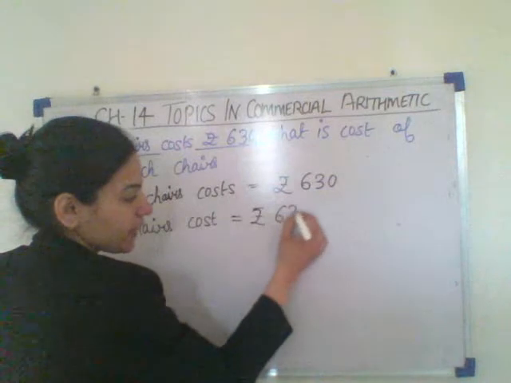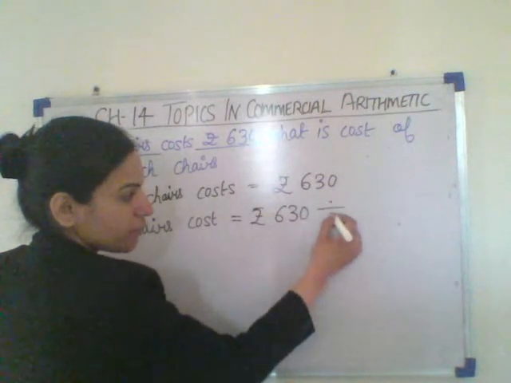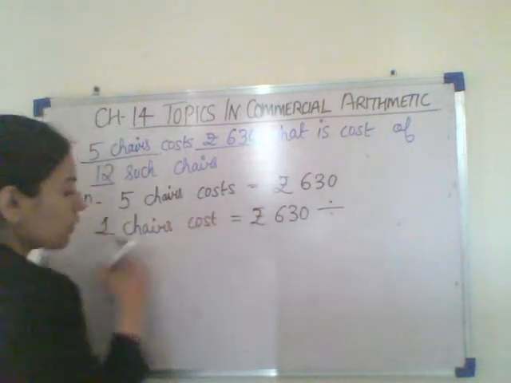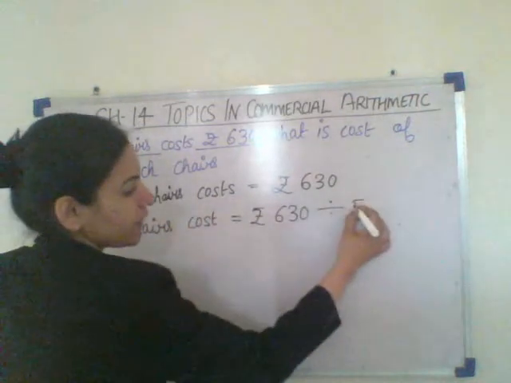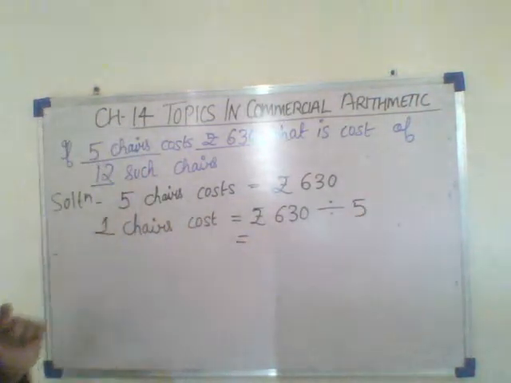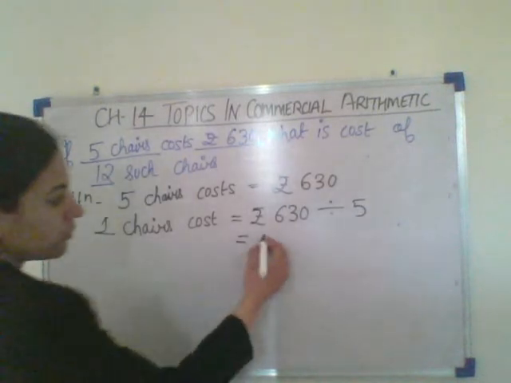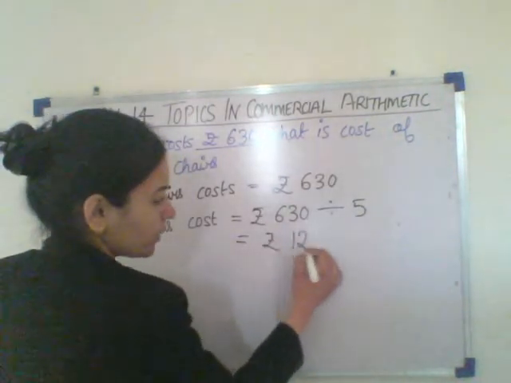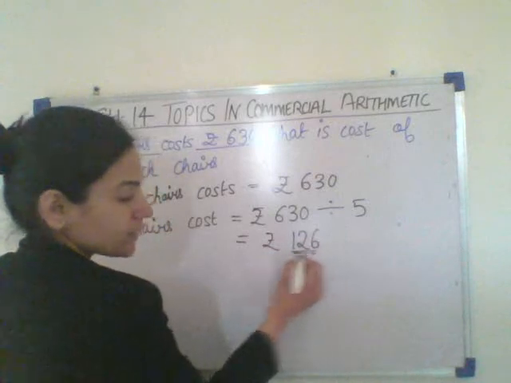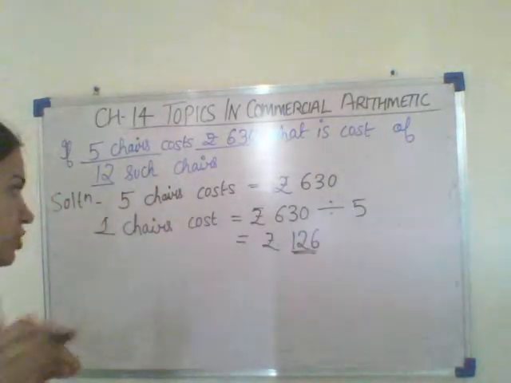I will be dividing. Why will I be dividing? Because I have to find only the cost of 1 chair. I will be dividing it by 5. So I will be getting rupees 126. 126 is the cost of 1 chair.